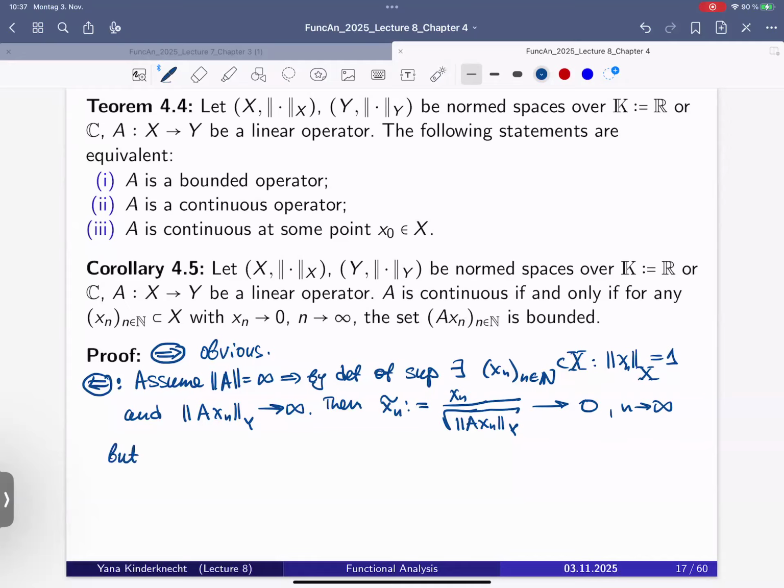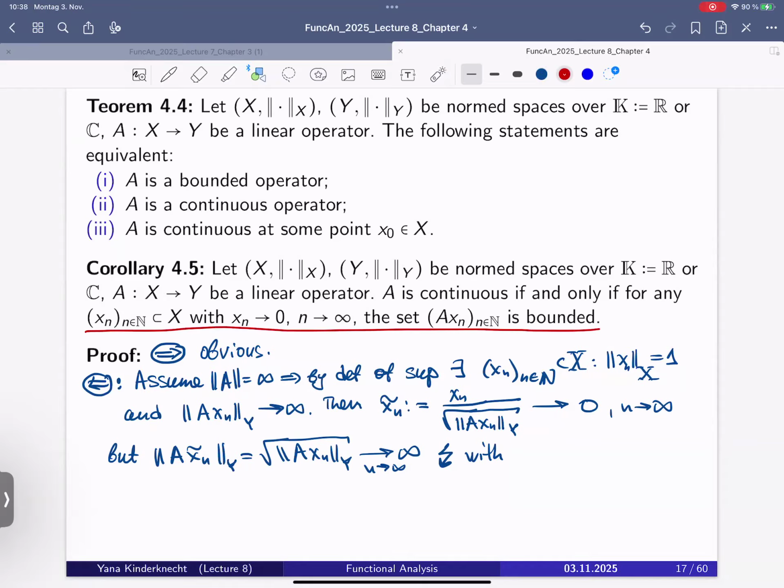But if we consider the norm of A xn tilde in Y, this is just the square root of the norm of A xn. And this tends to infinity. And this is a contradiction with continuity. So contradiction with this condition.